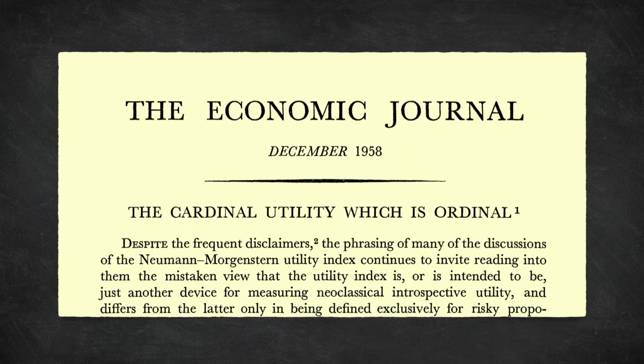In 1958, William Baumol described expected utility theory as the cardinal utility which is ordinal. This was a provocative title, and it came about because there were so many misunderstandings, and there continued to be misunderstandings about the uniqueness properties of expected utility theory.